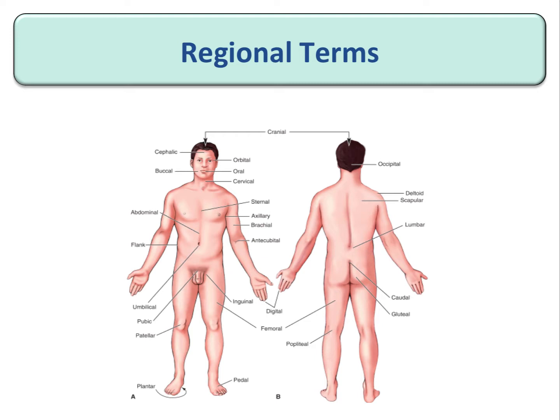These regions are covered well in your textbook. You're responsible for learning them and for being able to describe them in terms of their relative positions to one another. For example, the sternal region is inferior to the cephalic region. You should be prepared to be able to identify these regions and the descriptions of each. For example, the orbital region refers to the area around the eye.